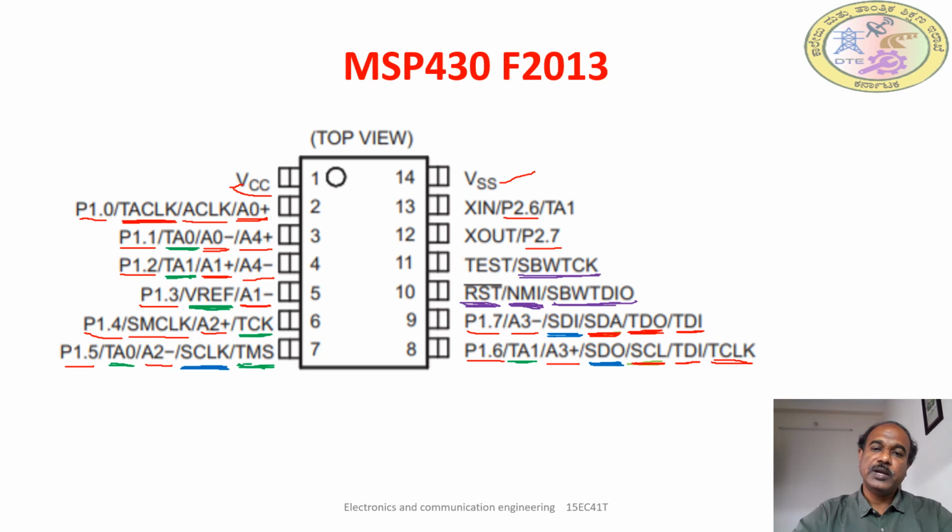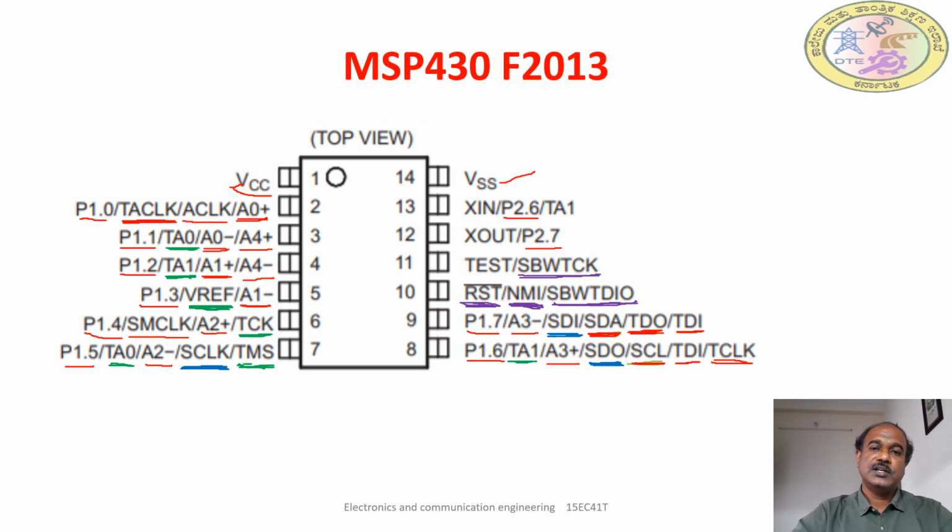That is SPI by wire. SBWTDIO stands for SPI by wire test data input and output. So the data can be input and output on this pin, and this is the clock for that SPI by wire interface.